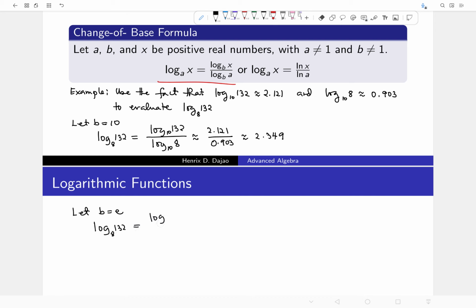That becomes log of 132 over log of 8 with base e. Remember, log base e is ln, so that's ln 132 over ln 8.